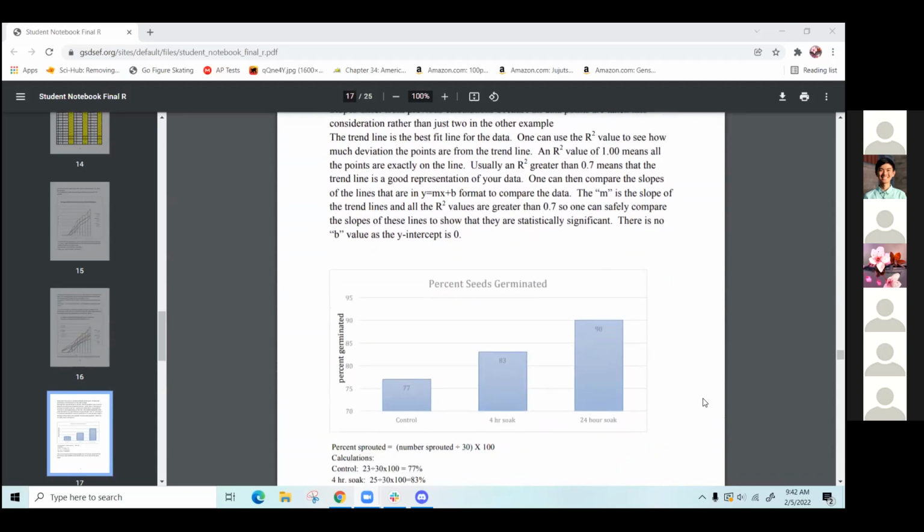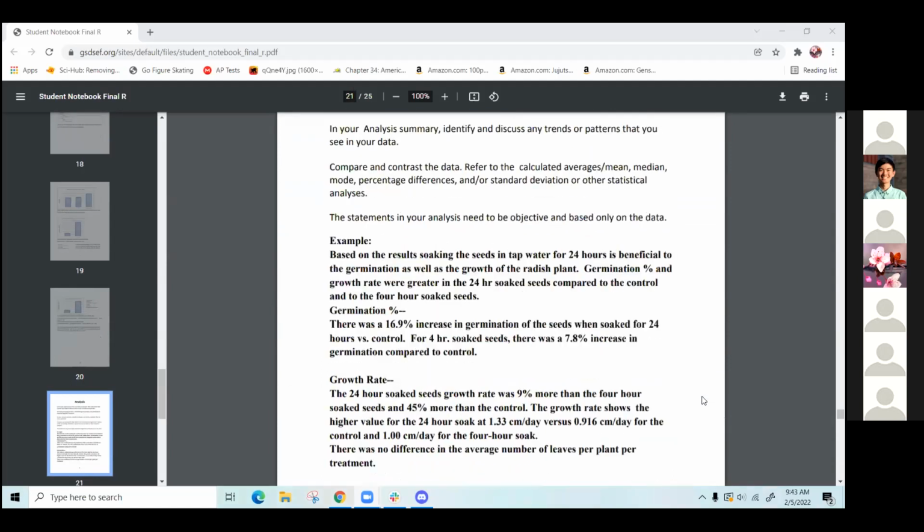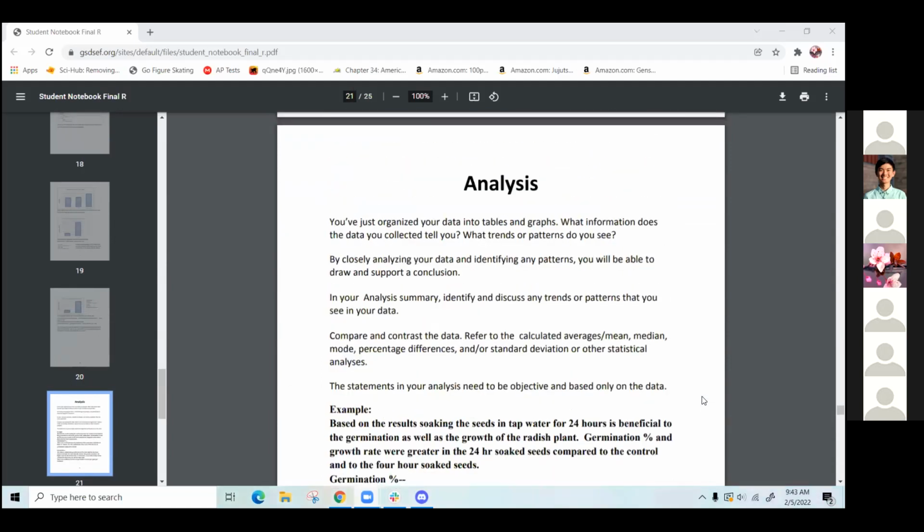And then for the analysis section, you'll basically just be drawing trends from the data that you've collected. So using statistical tools such as standard deviation, p-values, or differences in percentages that you noted from the results, you'll compare and contrast different data from different trials or to the control.